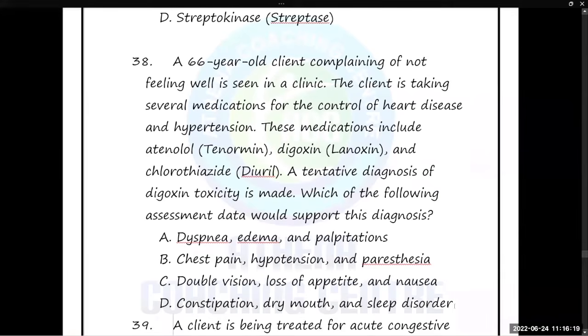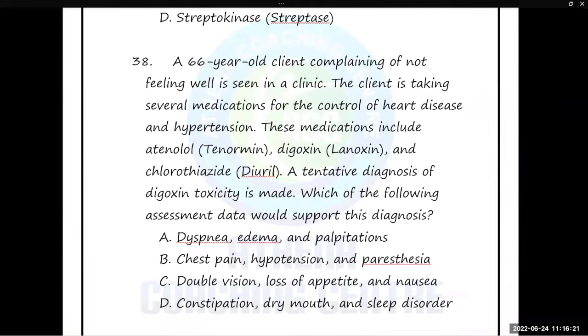See, digoxin is a choice of treatment for congestive cardiac failure. And again, the person is admitted with congestive cardiac failure. Here they have not mentioned congestive cardiac failure. They said heart disease and hypertension. So it can be any kind of disease where the patient requires digoxin.